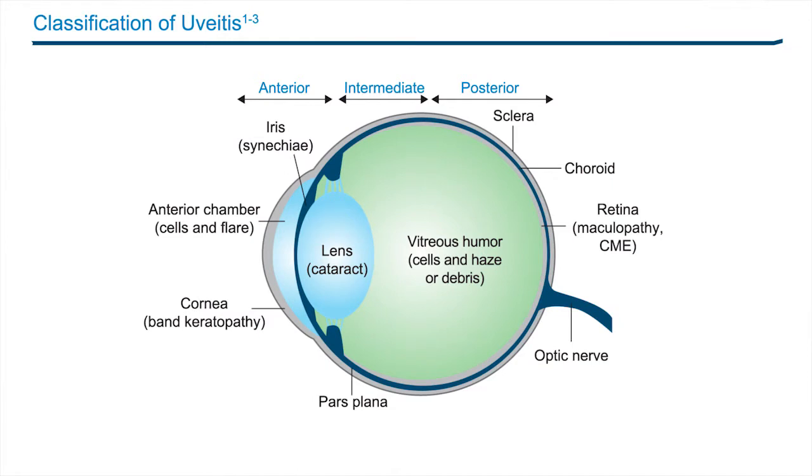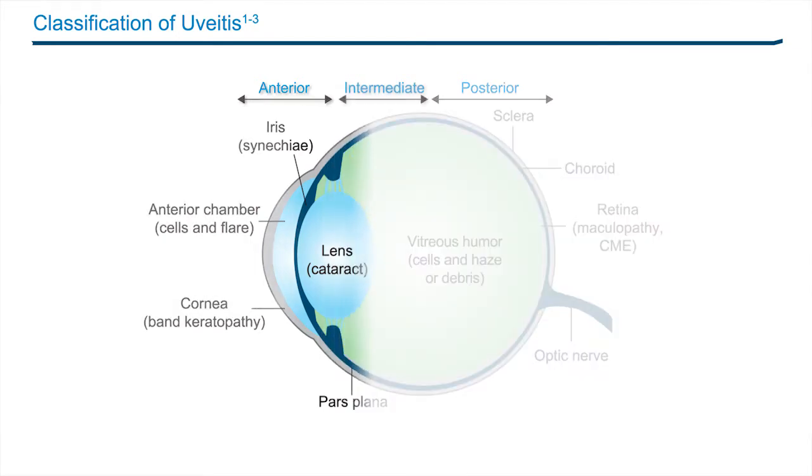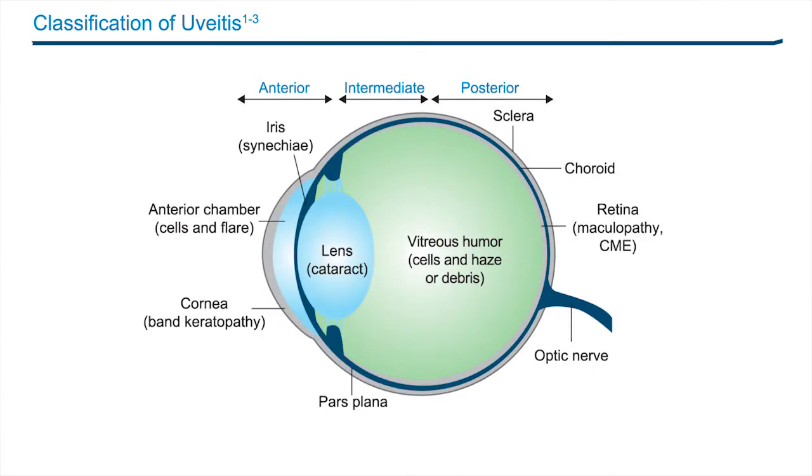There are many different ways you can classify uveitis, but one of the more common ways is to classify uveitis based on the anatomic location, whether it's anterior, the front of the eye, intermediate, posterior, or panuveitis, which includes the front and the back. And the manifestations of posterior uveitis, for example, the retinal lesions and vitreous haze, are more associated with decreased vision than is anterior uveitis alone.